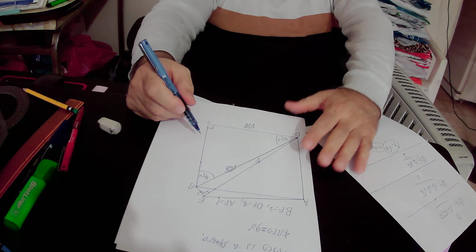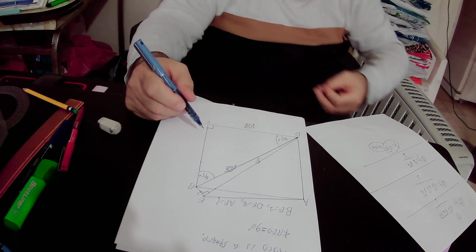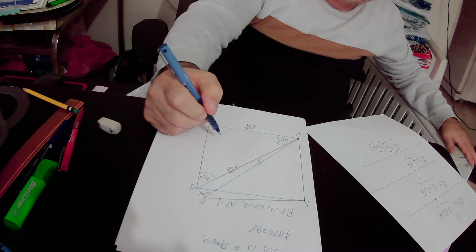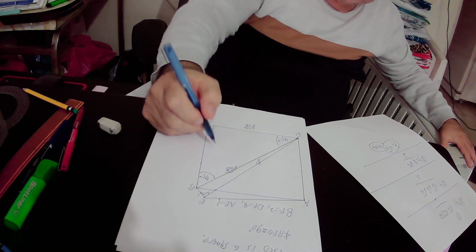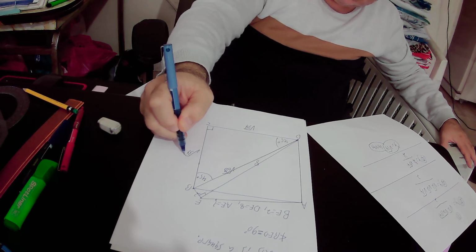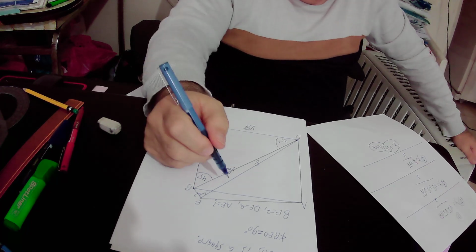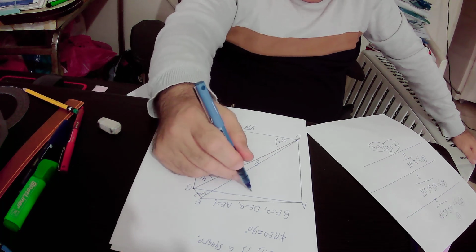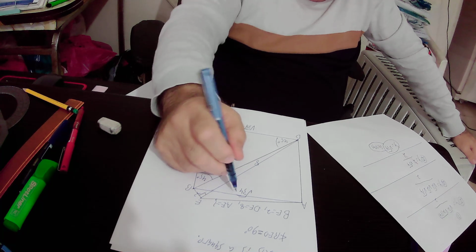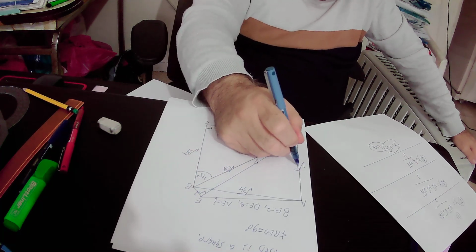BC, I'll repeat again, all the sides of a square are equal to each other, therefore all the sides of square ABCD will be equal to the square root of 34. AB also will be equal to the square root of 34, and AD will also be equal to the square root of 34.